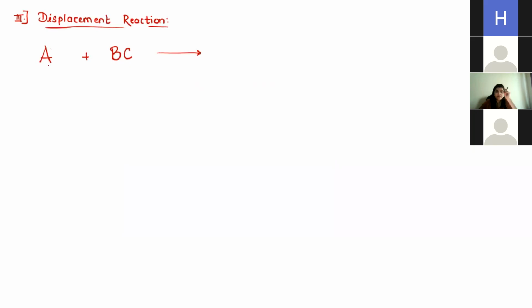Now the A has to be more powerful, so that it will displace B, and it will be AC plus B. I repeat, you will have two reactants. One will be an element and the other, BC, will be a compound. Now that element will displace one of the elements from the compound.